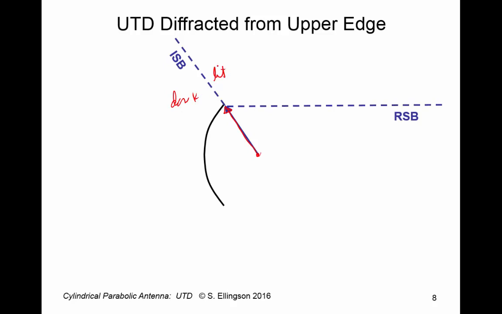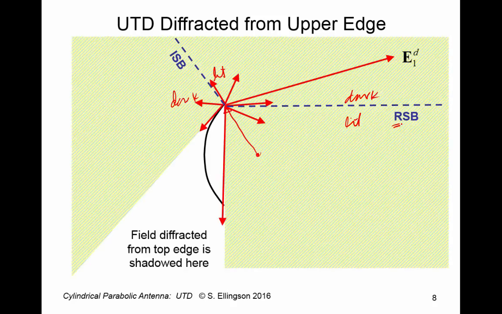We have a reflected shadow boundary here. This is lit, and this is dark. Right? Again, referring to the reflected field. And we know that we must have diffraction radiating from that discontinuity. And we're going to call that E^D_1, 1 referring to the upper edge.